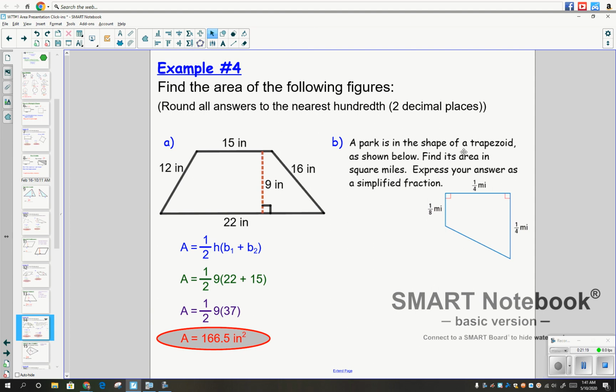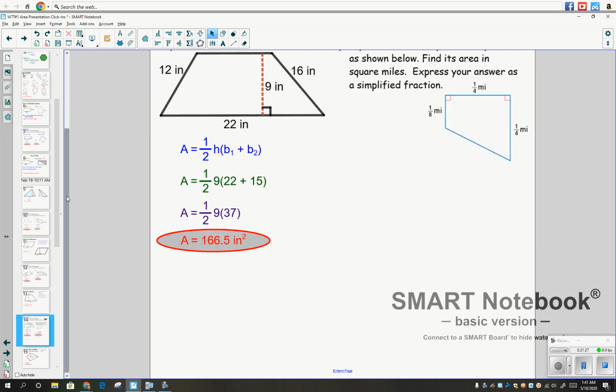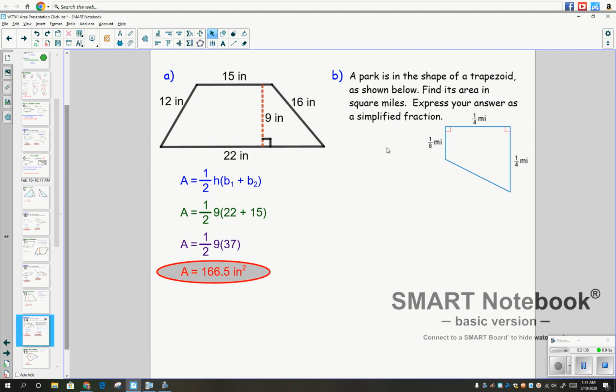I have a park in the shape of a trapezoid shown below. Find the area. I want to express my answer as a fraction. So what's my formula? Area is 1/2 times the height times base 1 plus base 2. Remember, the bases are the two parallel sides.